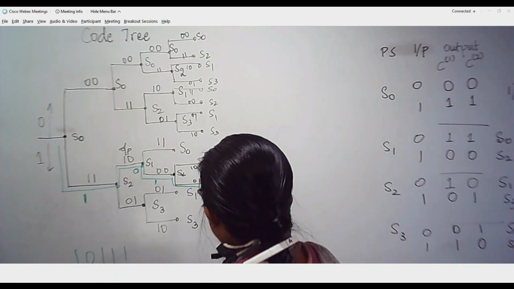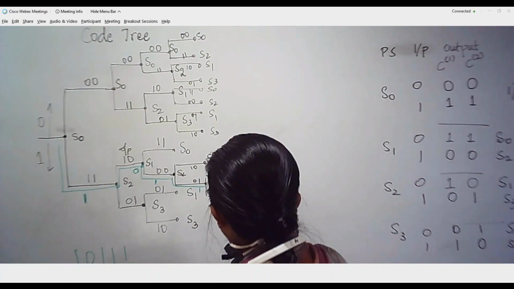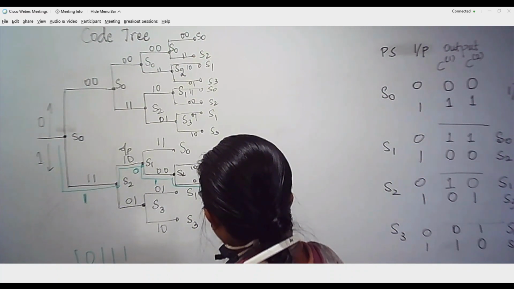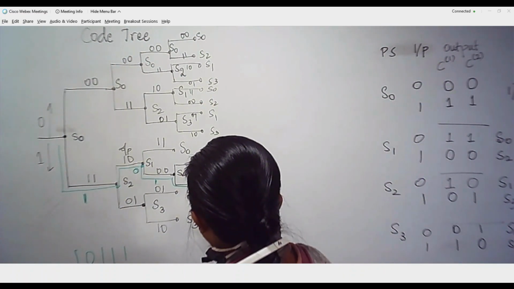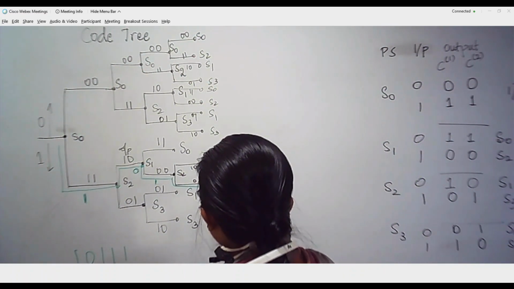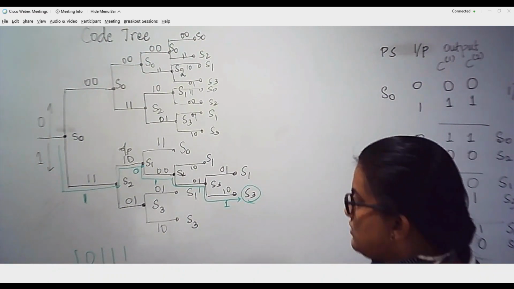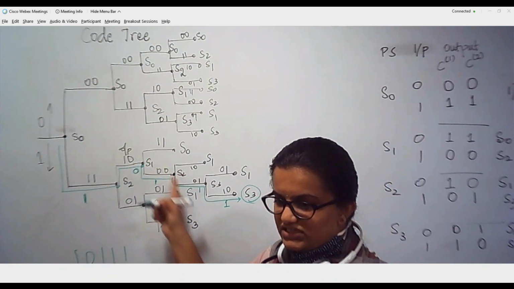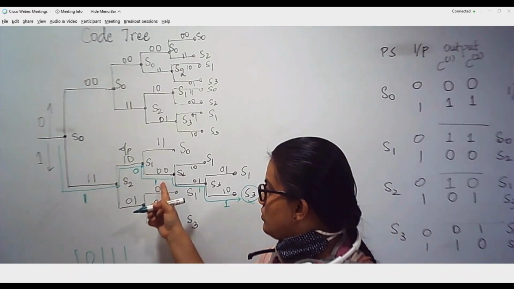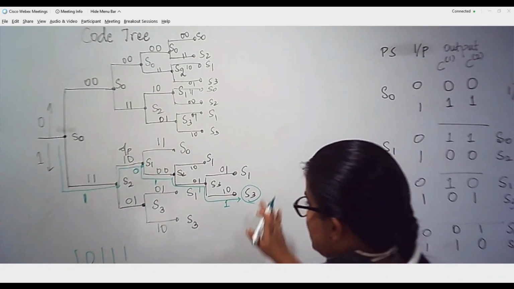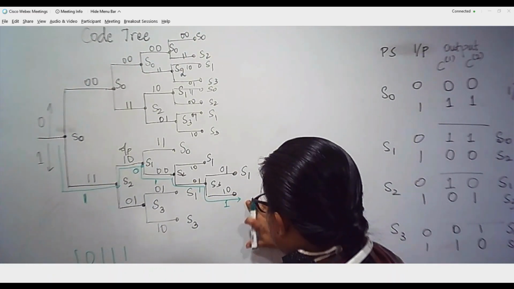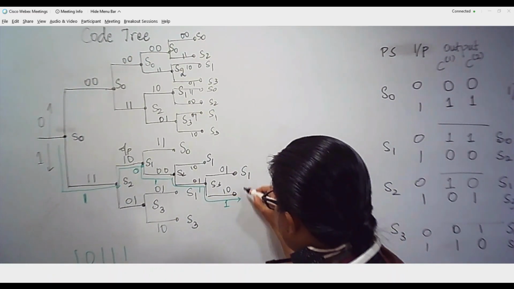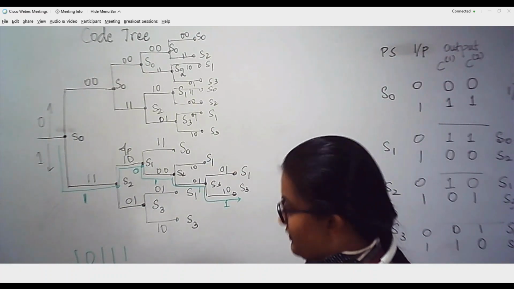With the last one I need to split this again. From S3 I can go to either S1 or S3 with the outputs 0, 1 and 1, 0. So this is my final destination because I have traversed all the message bits, that is 10111. You cannot cease for the data sequence here itself.